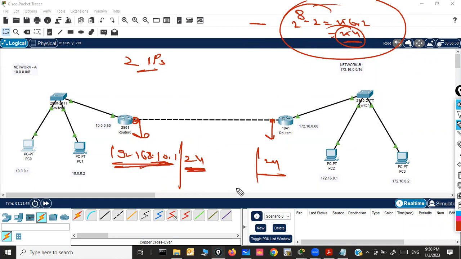So if my answer is that I'm going to use a /24 mask right here, then I'm not justifying the question, because the question is what mask you should use to minimize wastage of IPs.